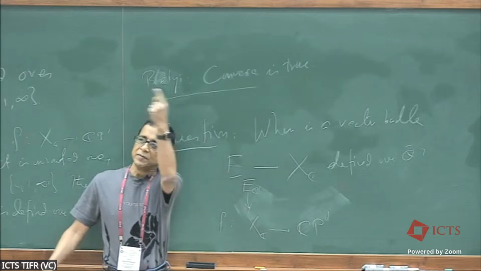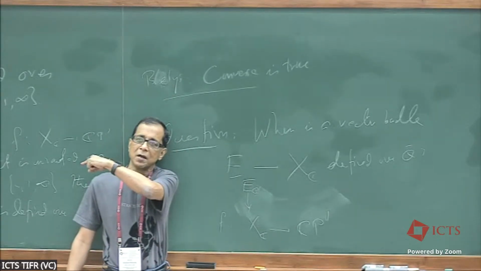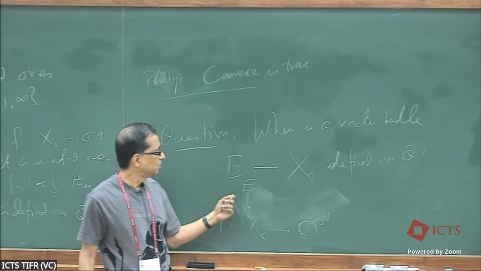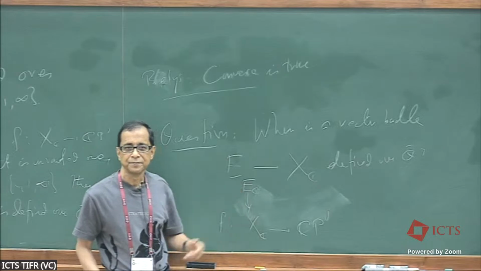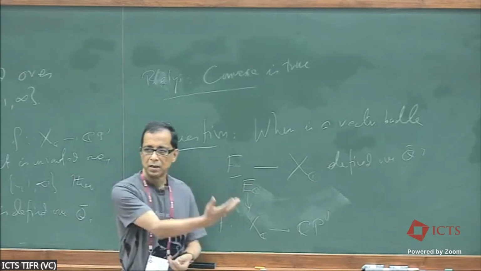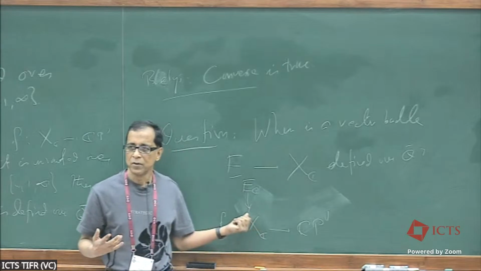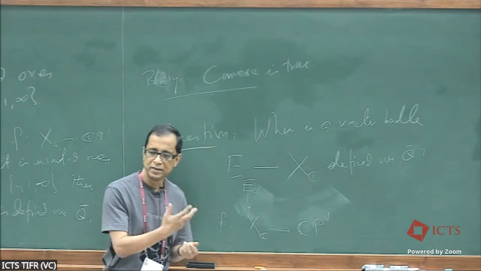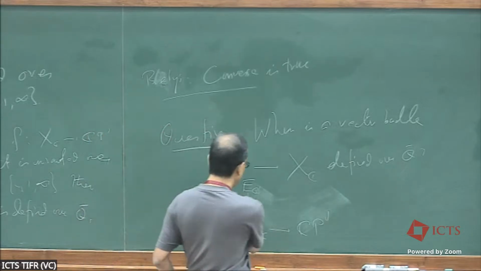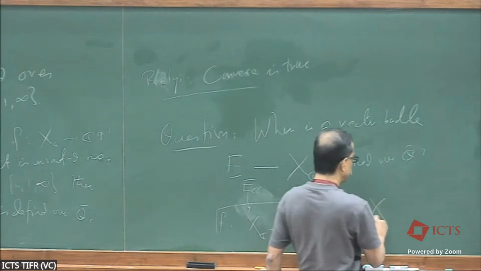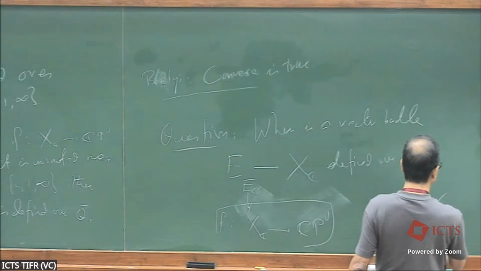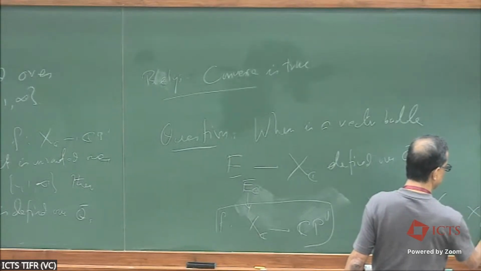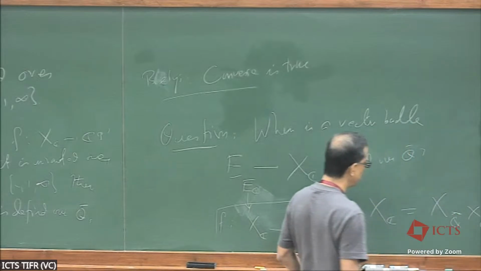Now we can ask the question: is there a vector bundle on the curve defined over Q bar such that E_C is the base change of that? The question is clear?